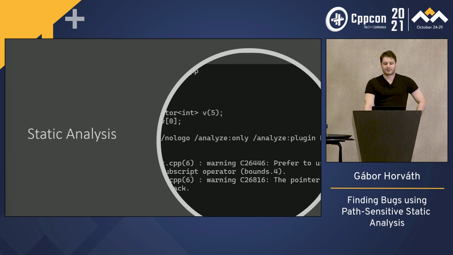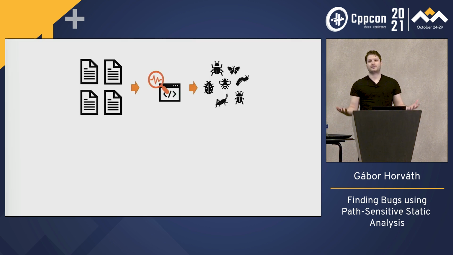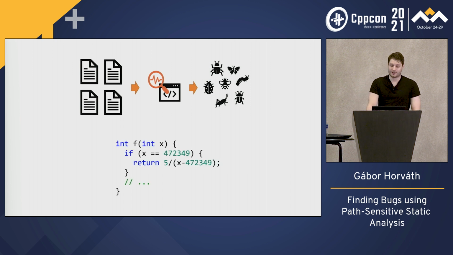So first, let's talk about static analysis. When I talk about static analysis, I mainly mean tools that can find bugs in the source code. So we have a tool and we feed source code into this tool, and this tool uncovers potential bugs. The reason it is useful to have such tools is that testing is not always sufficient.